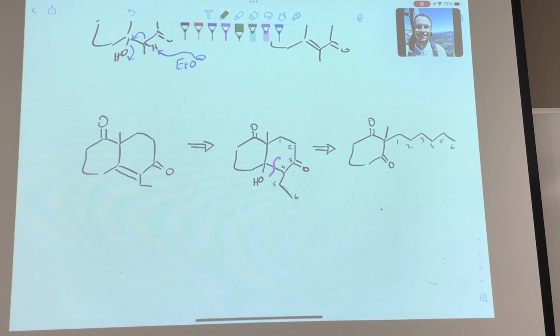So carbon 3 is the one that had the carbonyl. Do you see a Michael donor in this? Somewhere in here?